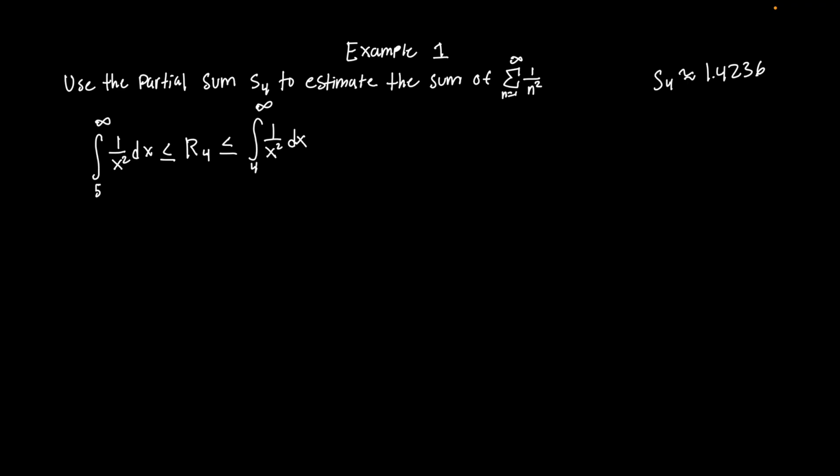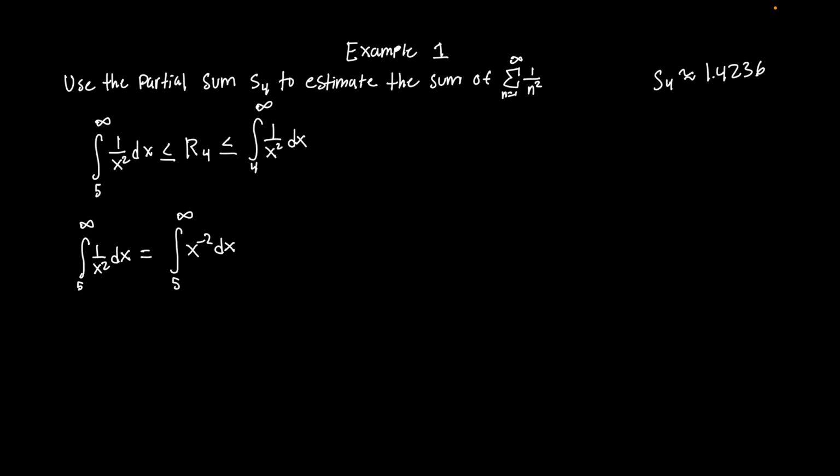So let's start with the lower bound integral, so this one. So we write on the side the integral from 5 to infinity of 1 over x squared dx. So this is also the same thing as rewriting this as x to the negative 2 dx.